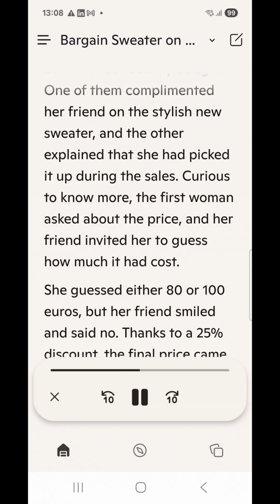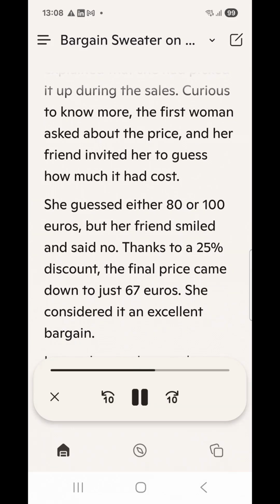The lady with the sweater was like, oh, why don't you guess? And the first woman thought, maybe 80 or 100 euros. But no. Thanks to this nifty little 25% discount, the final price was just 67 euros. Can you believe that bargain? Alright, let me know when you're ready for step 6 by just saying next.